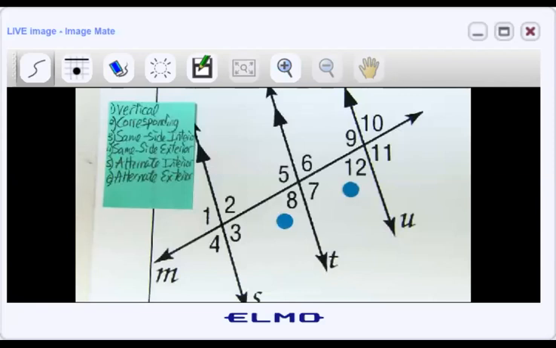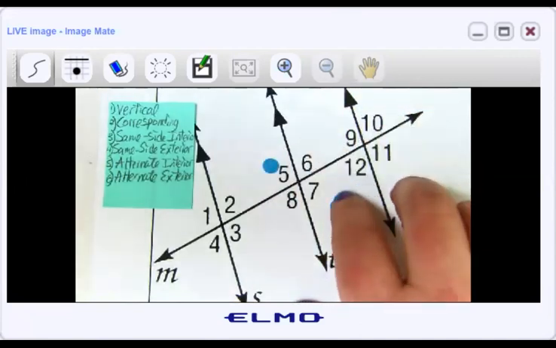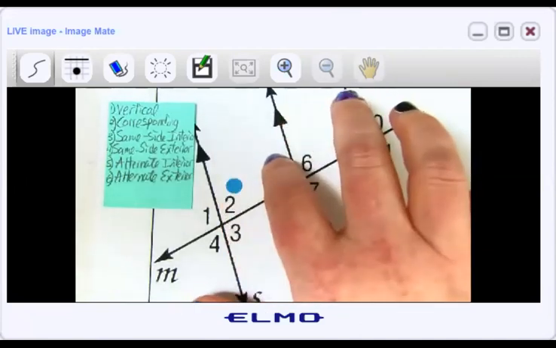Will, did you hear me? Pick a number from 1 to 12. 5. Okay. Can you tell me what 2 and 5 are to each other?